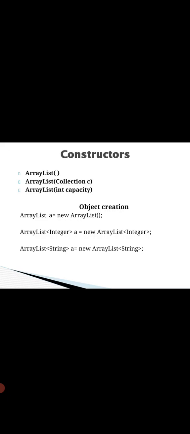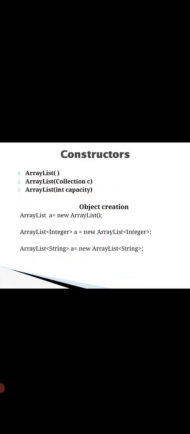If we need to create a string ArrayList, then we can specify String. An ArrayList can hold different types of data if created like ArrayList A equal to new ArrayList. But in the second type, we can store only integers in the created ArrayList. In the third type, we can store only string types within the ArrayList.